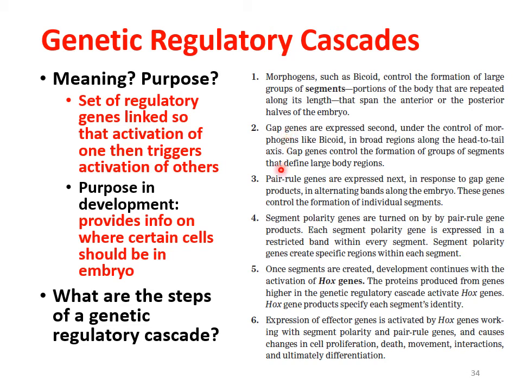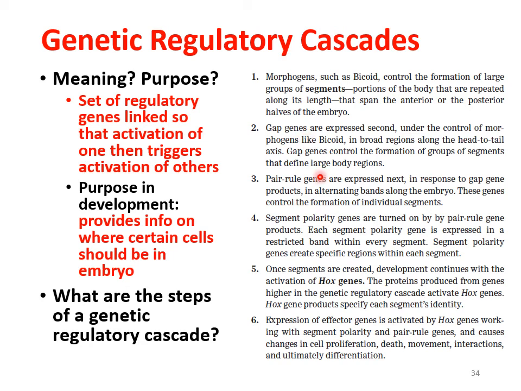Then there are pair rule genes next. And so as you can see, this is cascading where gap genes are in response to morphogens, and then pair rule genes are in response to the gap genes.